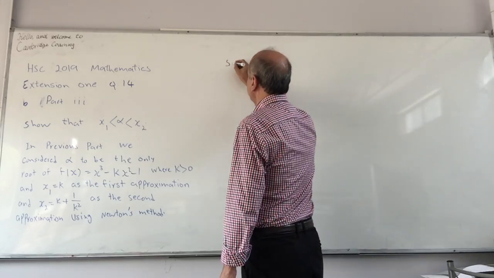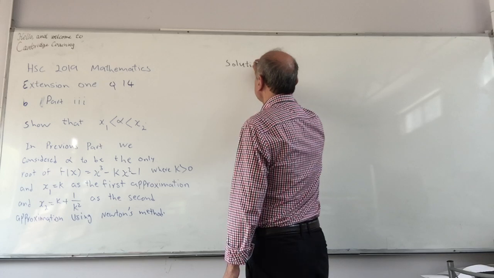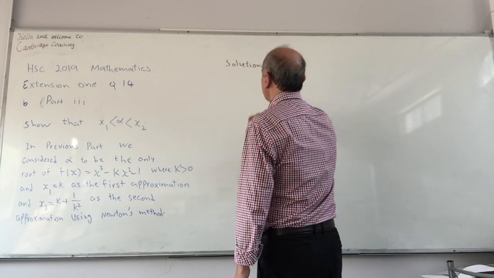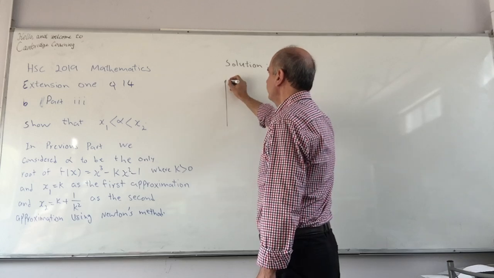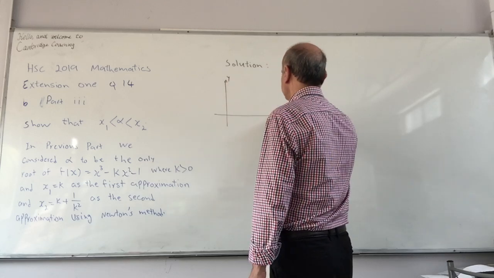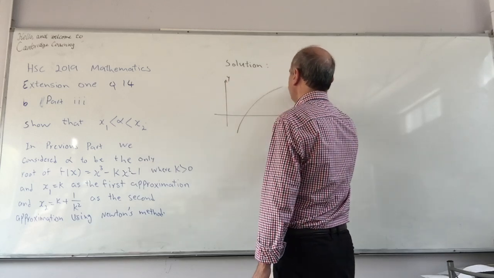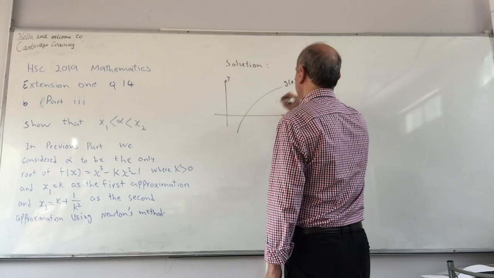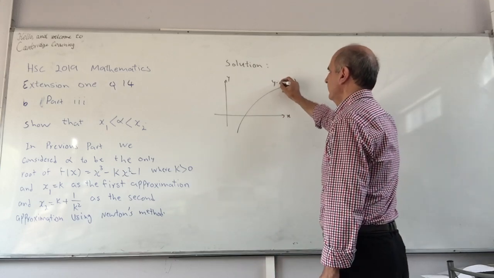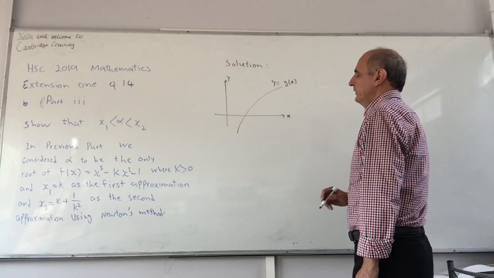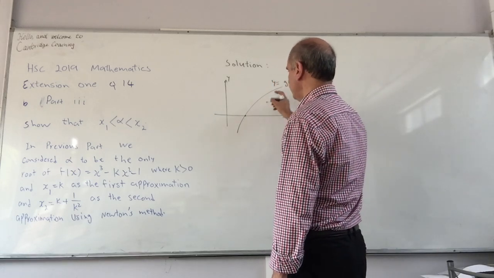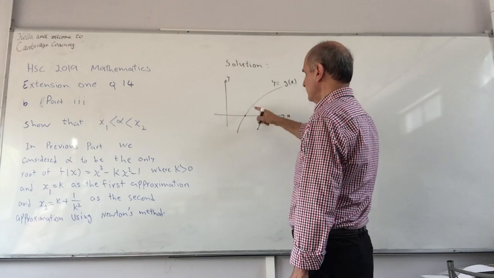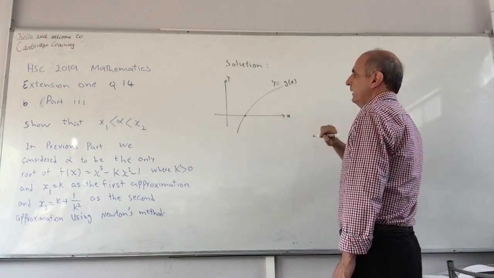To prove that, if you look at any function, say a function like y equal to g of x, and this is the actual root where g of x is 0.